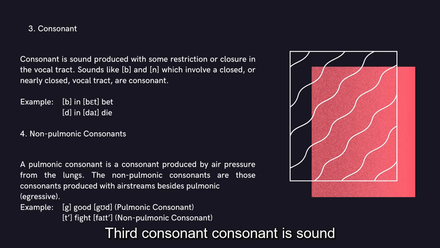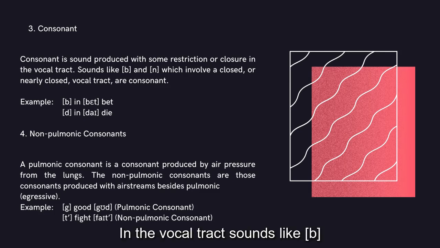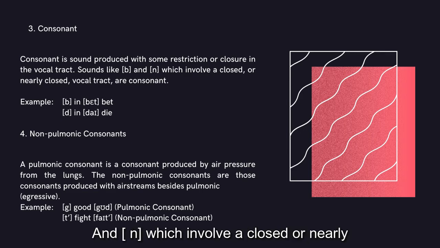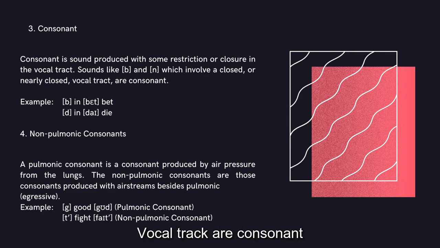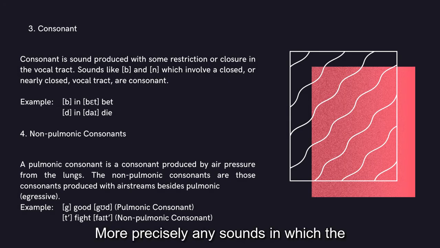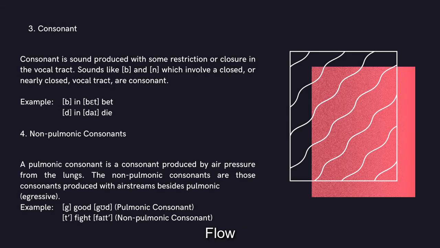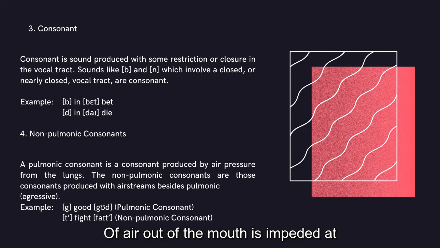Third, consonant. Consonant is a sound produced with some restriction or closure in the vocal tract. Sounds like B and N, which involve a closed or nearly closed vocal tract, are consonants. More precisely, any sounds in which the flow of air out of the mouth is impeded at least enough to cause a disturbance of the airflow are consonants.